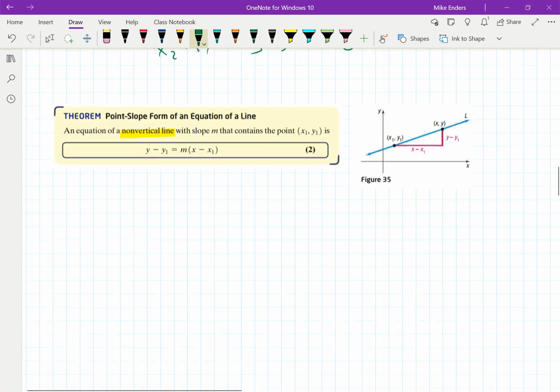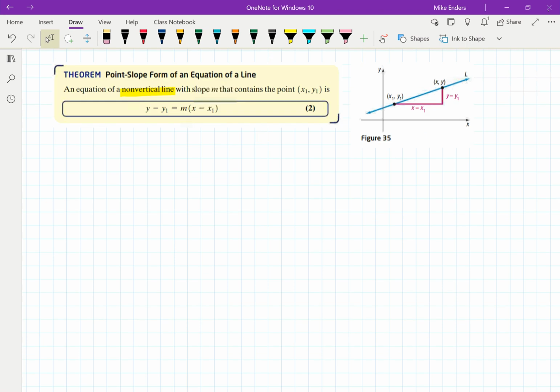So all of that comes back to say we have this theorem: the equation for a non-vertical line with slope m that contains the point x1, y1 is given by y minus y1 equals slope times x minus x1. We can see the picture over here in figure 35, trying to illustrate that idea. Let me show this by going back to the original equation for slope, m equals y2 minus y1 over x2 minus x1.